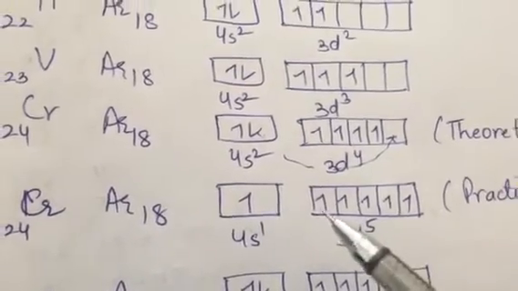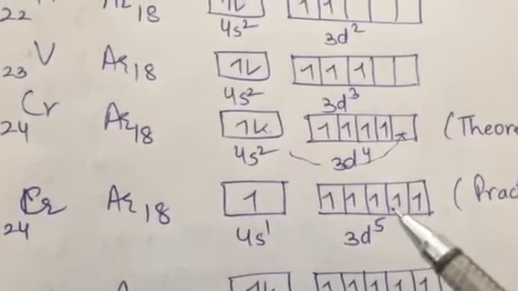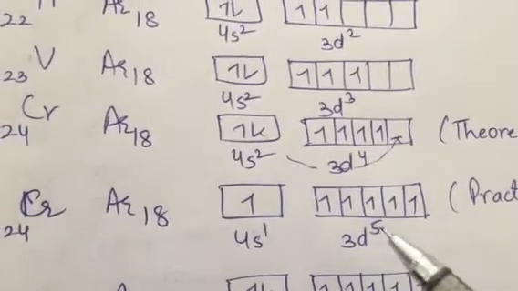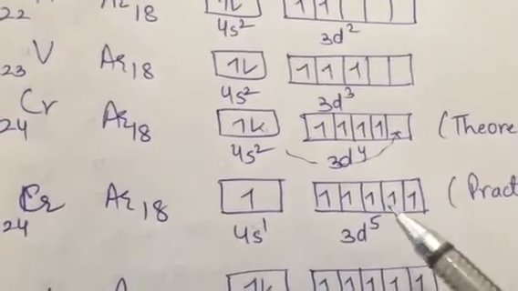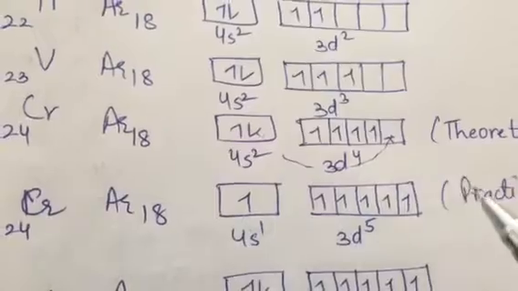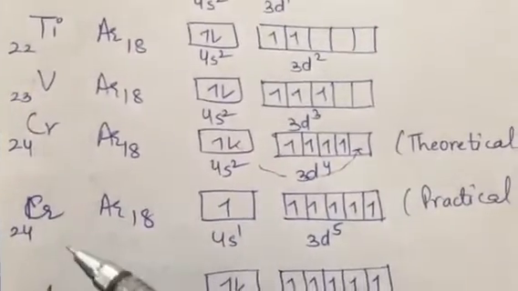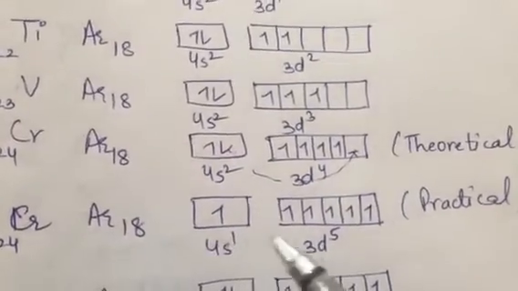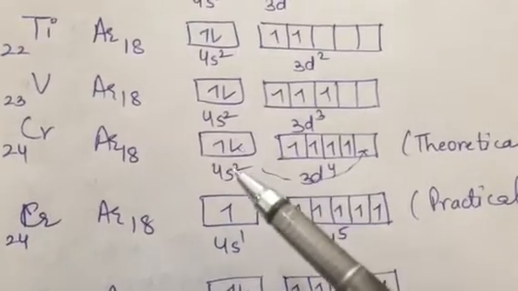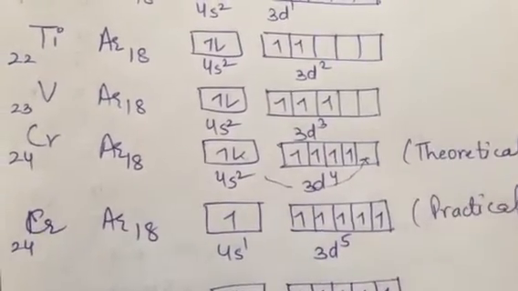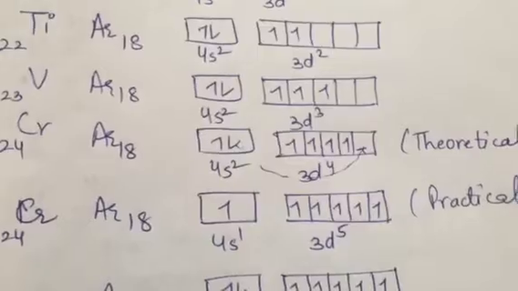This way, the 3d orbitals would get exactly half filled, which is much more stable than the other configuration. So practically, the configuration of chromium is 4s1 3d5. The jumping of this electron is known as excitation of the electron.